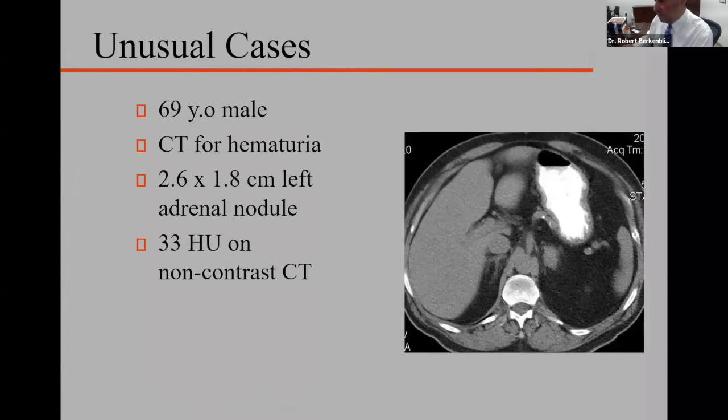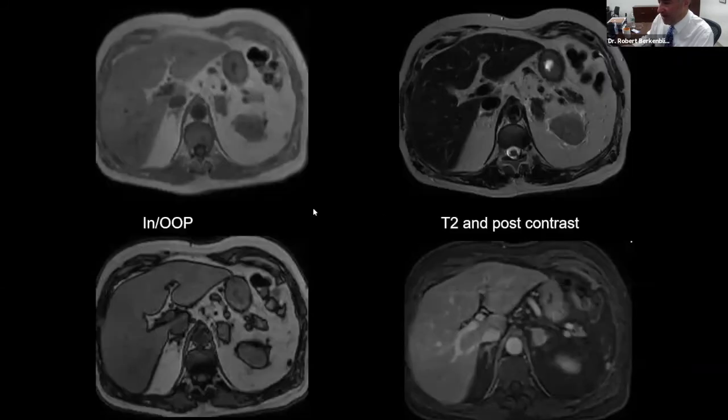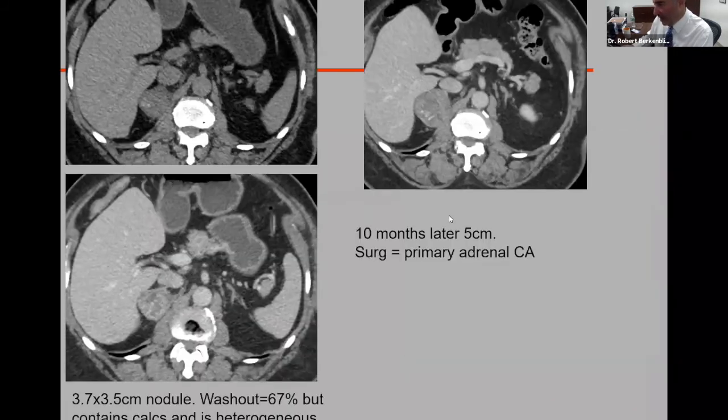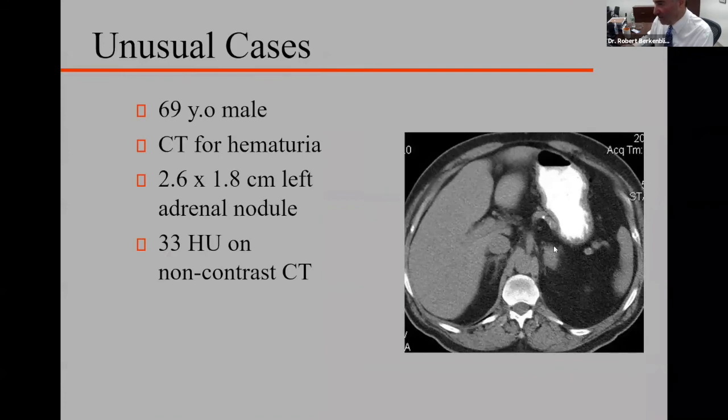Let's take a look at a few unusual cases now. This is a 69-year-old male, had a CT urogram for hematuria, which revealed this 2.5 centimeter left adrenal nodule. On non-contrast CT, it measured 33 Hounsfield units.